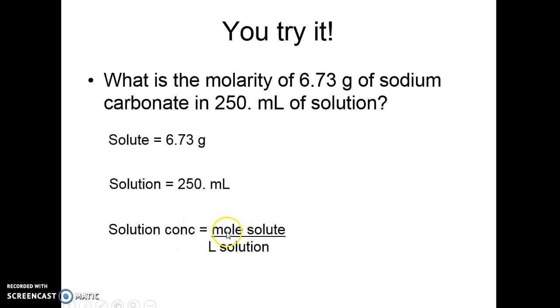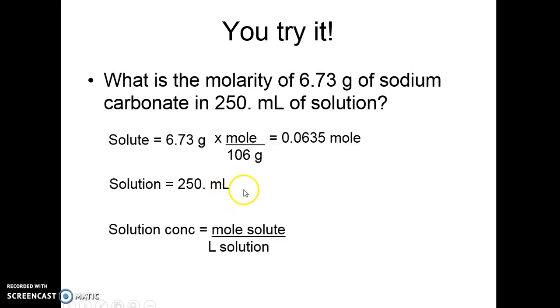Molarity is equal to mole over liter. So I'm going to have to somehow get moles and somehow get liters. To get moles, I can just use 6.73 grams and convert it to moles using molar mass. So I figure out sodium carbonate, Na2CO3, has a mass of 106 grams.